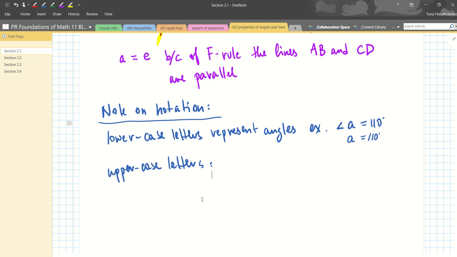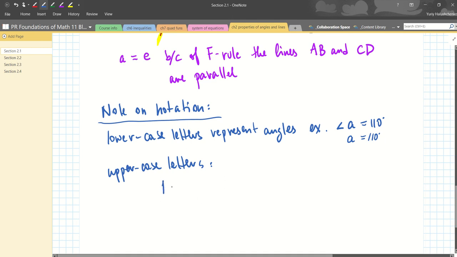So if you have one single letter, which is uppercase, for example, letter A, this represents a point.